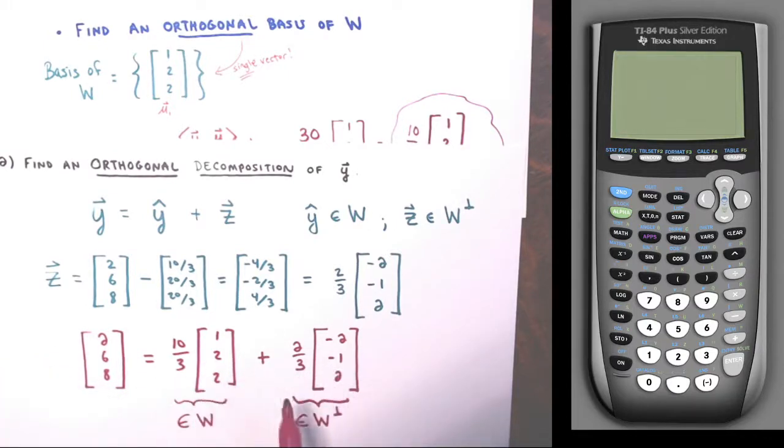These are orthogonal vectors. So when you're asked for an orthogonal decomposition of a vector, you're writing a vector as the sum of two orthogonal vectors, a vector from a subspace plus a vector from its orthogonal complement. Let me put this vector z in here, this 2/3 times -2, -1, 2.